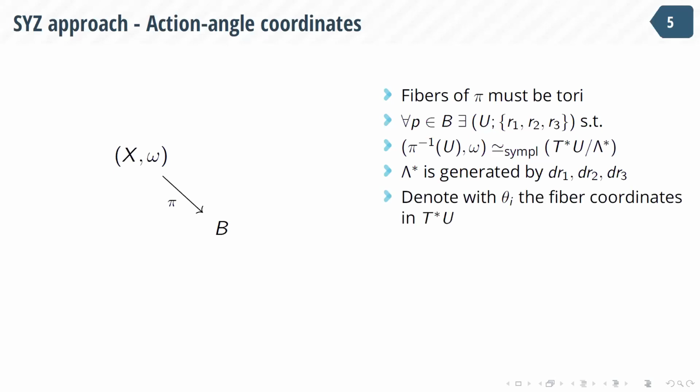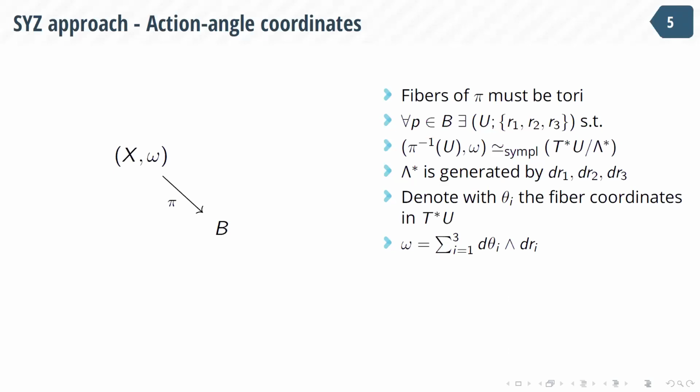We denote with theta i the fiber coordinates inside the cotangent bundle, and they are called angle coordinates. And also we have that the symplectic form is already written in Darboux frame.